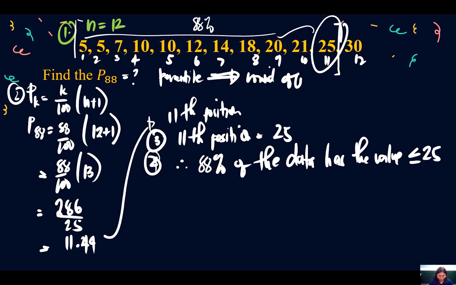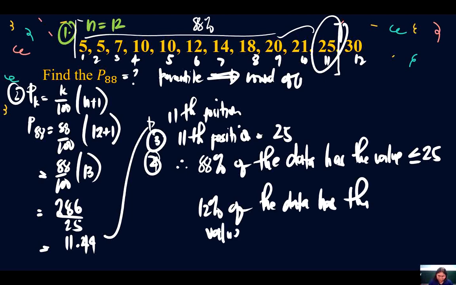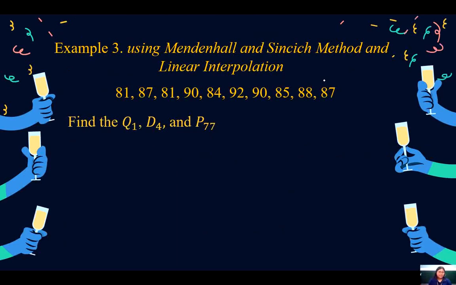So meaning in contradiction, 12% of the data has the value of greater than 25, which is ito. Okay, so ayan yung natitirang 12% out of 100% of the entire respondent natin sa population. Okay po?